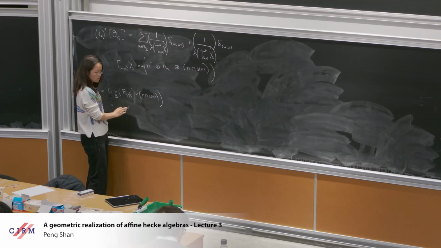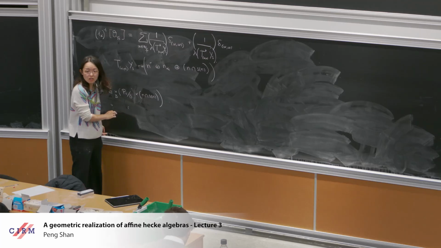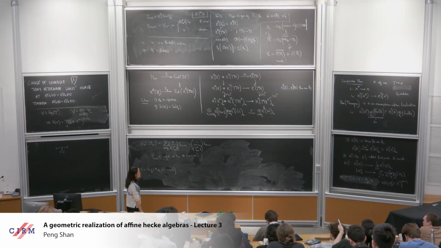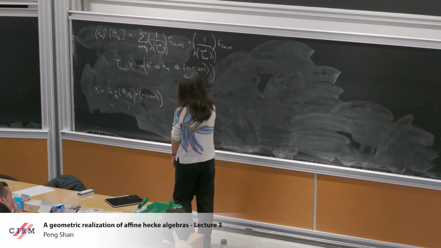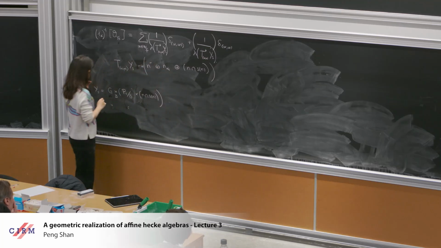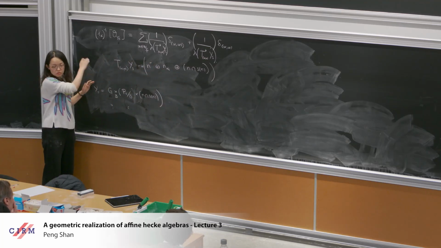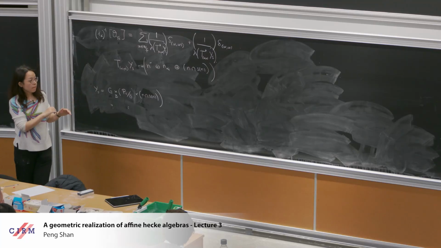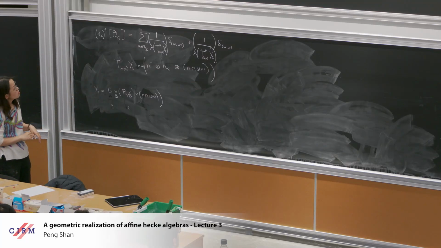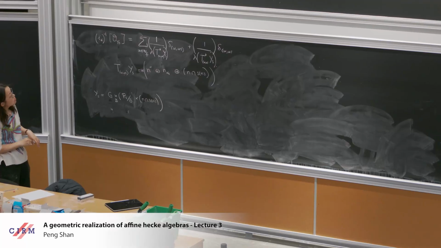No, I'm taking, so if the conormal bundle part appears, if I embed Y_S into the cotangent of the flag variety, conormal bundle.